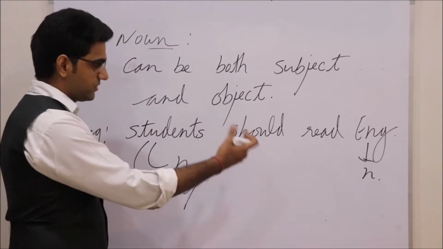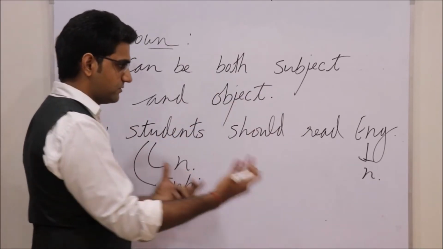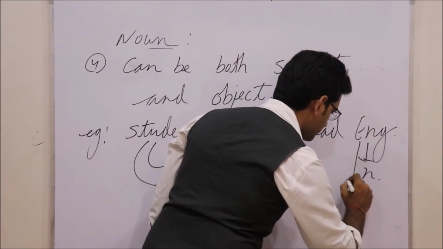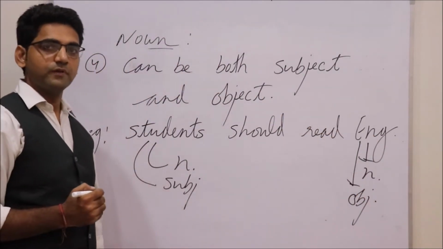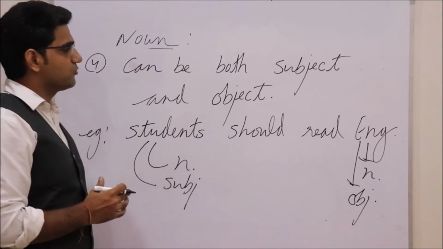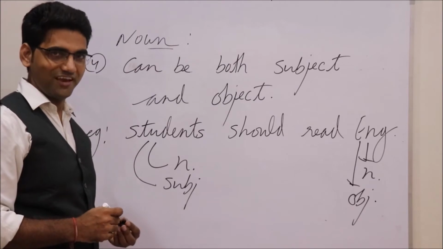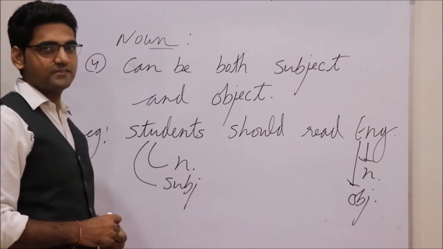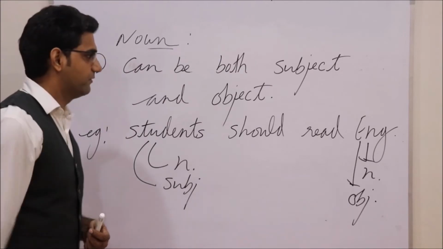And English, because it is used after the verb, and what comes after the verb is the object, is an object here. So that also helps us to identify nouns in a sentence. I'm giving you a few seconds to note this down, and then we will move to point number 5.